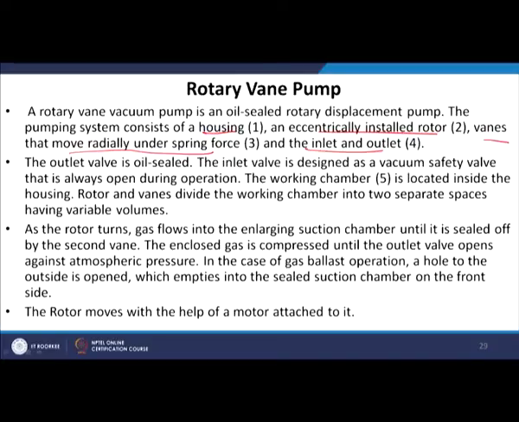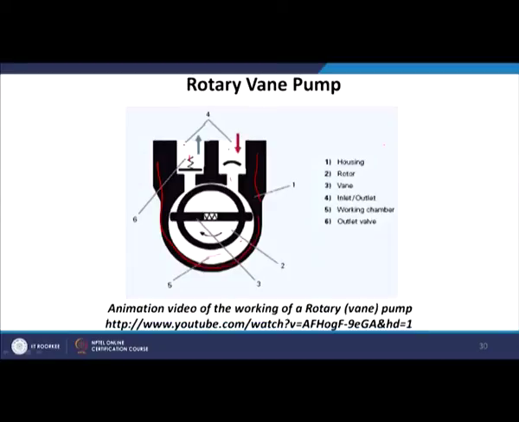In the case of the gas ballast operation, a hole to the outside is open which empties into the sealed suction chamber on the front side. The rotor moves with the help of a motor attached to it. So, as you can look in this figure, this working chamber, the white shaded region, is divided into two parts by this rotor and this vane, and this rotor is eccentrically placed. That means the separation is not symmetrical. So, what will happen when this rotates?